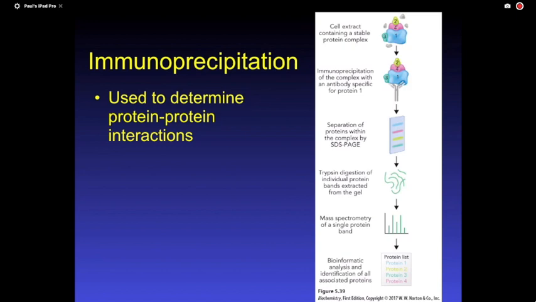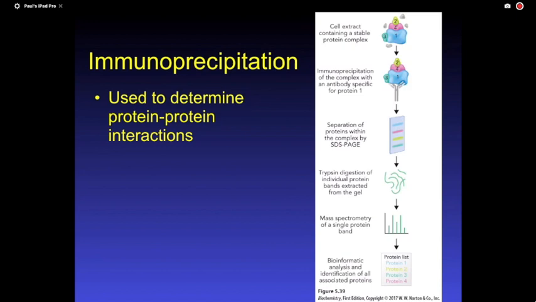If that protein binds to anything else, they'll be attached, even through the washing stages. You release the antibody. You now have a collection of at least the protein that you've trapped and anything else that might be there. You don't know if there's anything there at that moment in time.